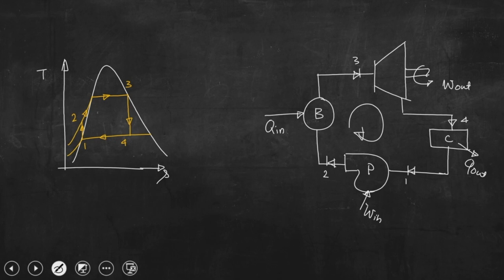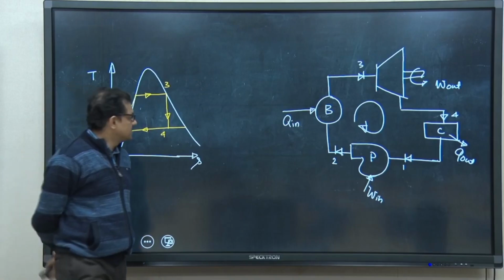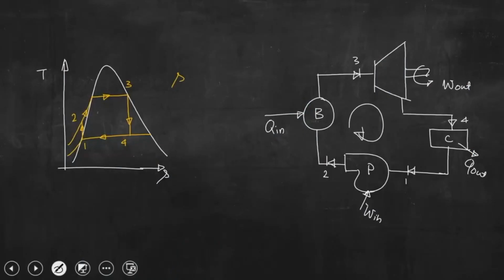So this is the TS diagram of the simple Rankine cycle.